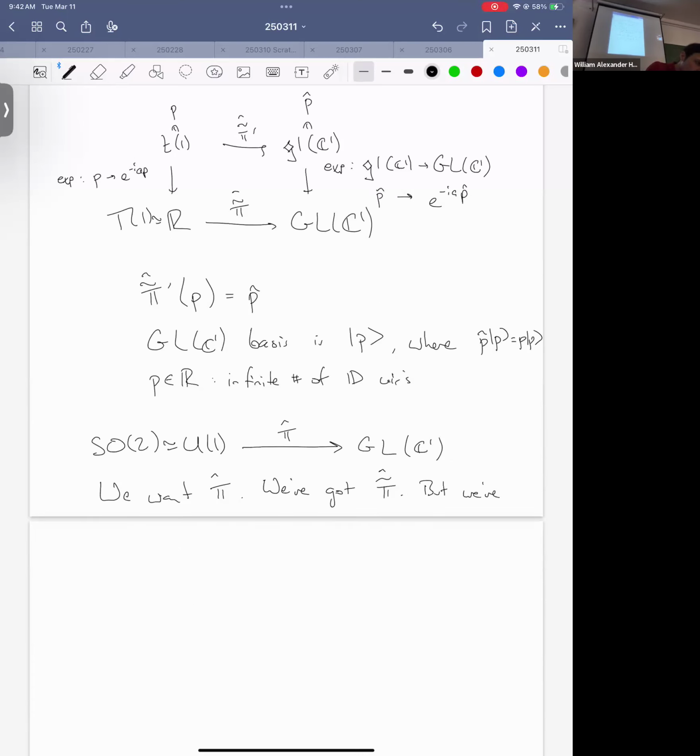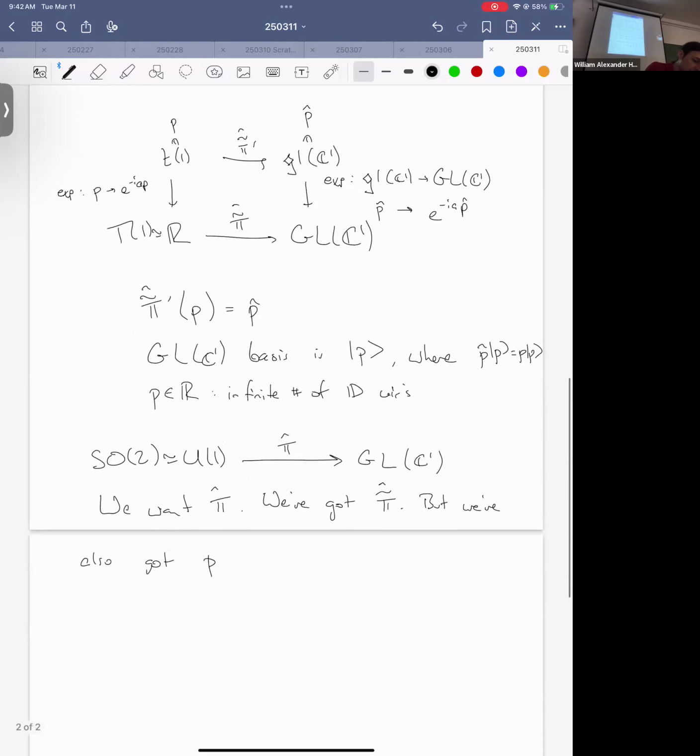But we've also got P, which is the projection from the universal cover of SO2, which is T1.